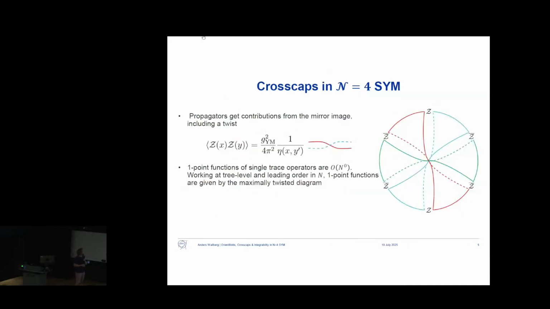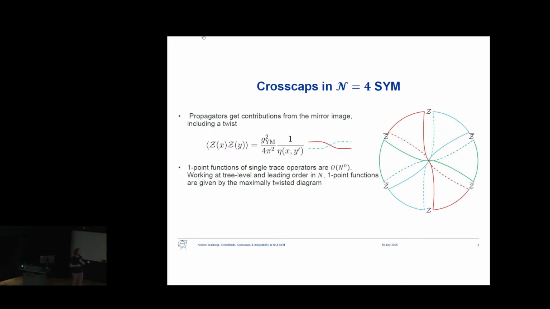So first of all, propagators in this crosscap theory are slightly modified. If you work in a free theory, you can normally derive propagators just as Wick contractions. But here it's slightly different because you now also need to consider Wick contractions not just between your two operators, but also between your operator and the mirror image of your operator, this O prime.